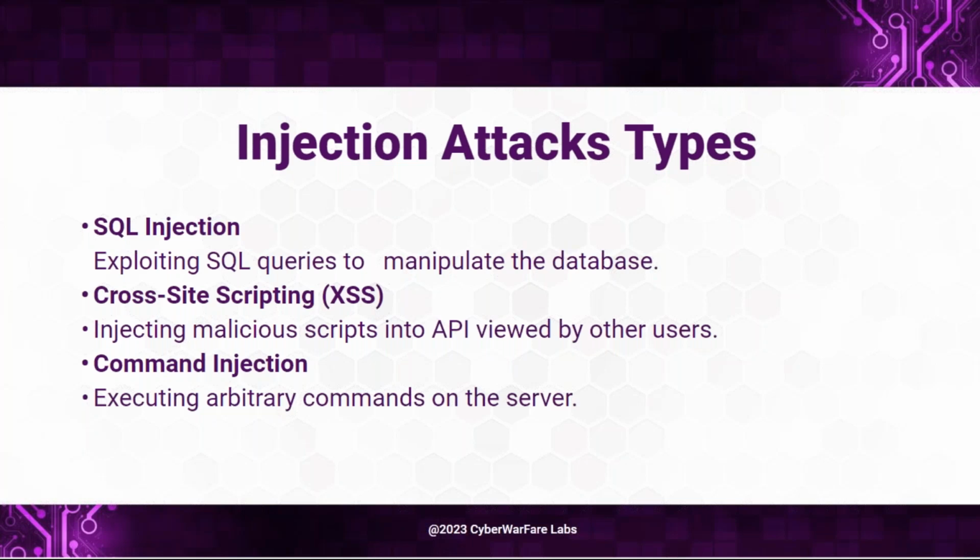This is a very well-known and most exploited vulnerability in web applications and also in APIs. These are done by injecting malicious scripts into an API used by other users.